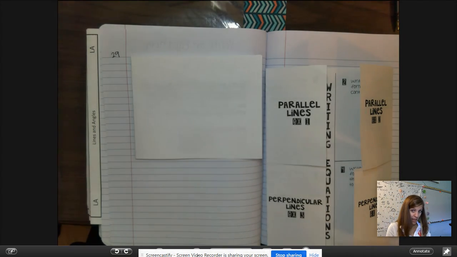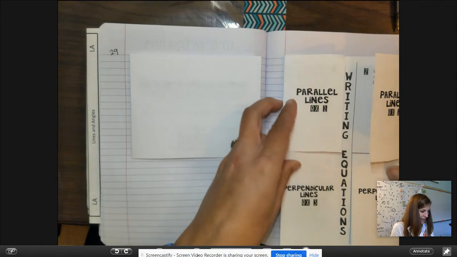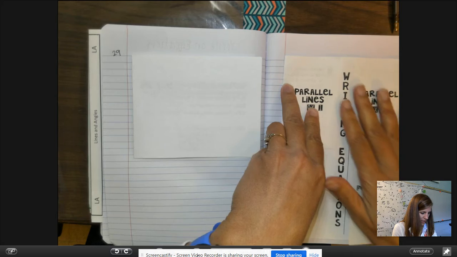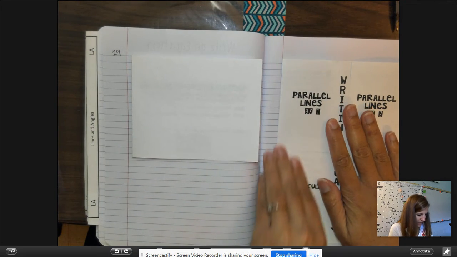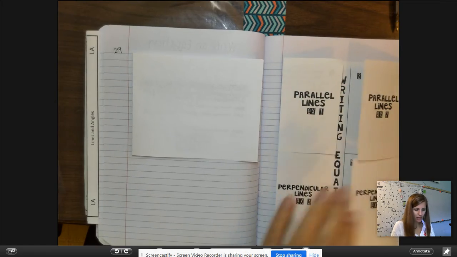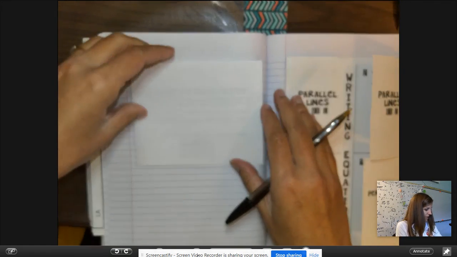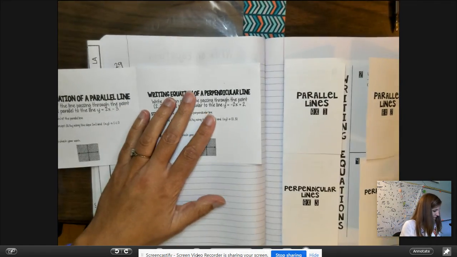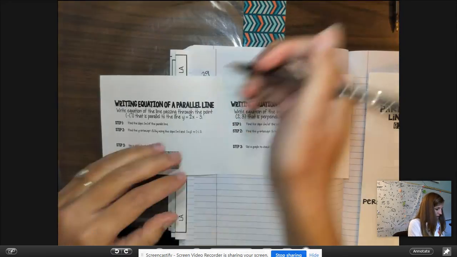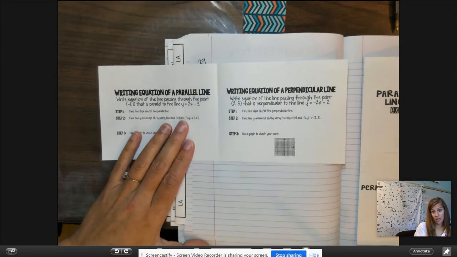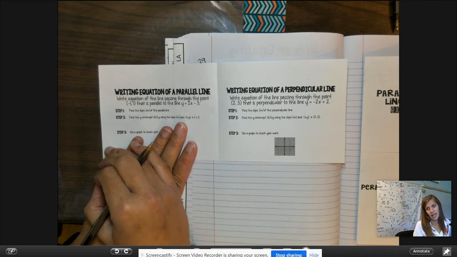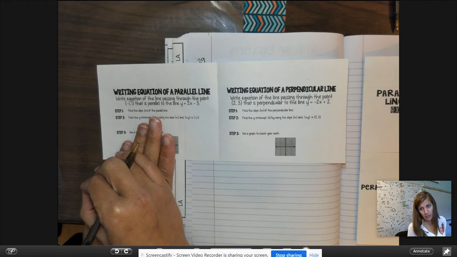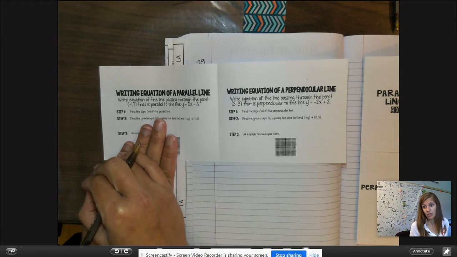So again, with parallel and perpendicular lines, you probably talked about that last year in Algebra 1 as well. And the big thing to notice about parallel lines, so let's actually start over here, is that whenever we have parallel lines, that's really just code for these two lines have the same slope but different y-intercepts.